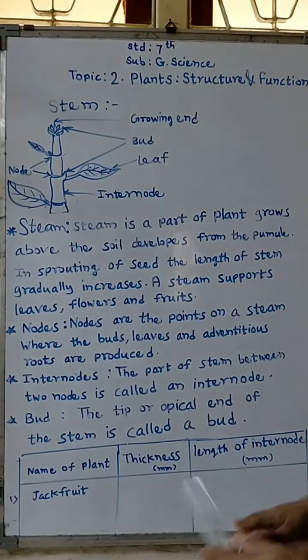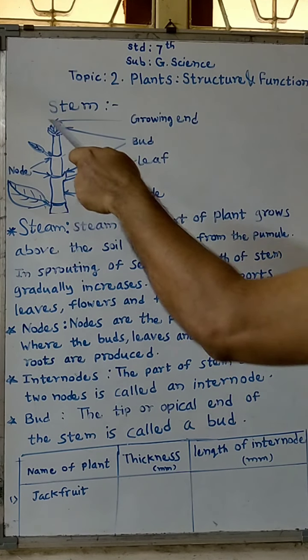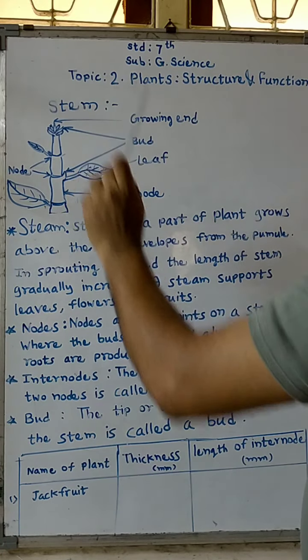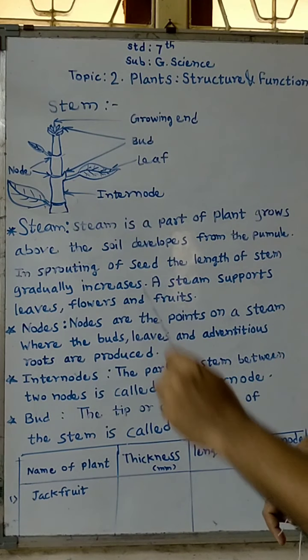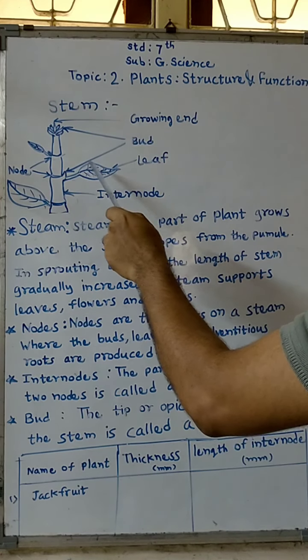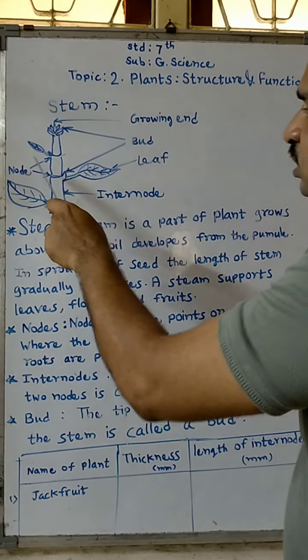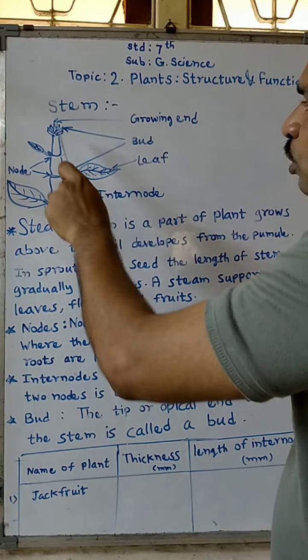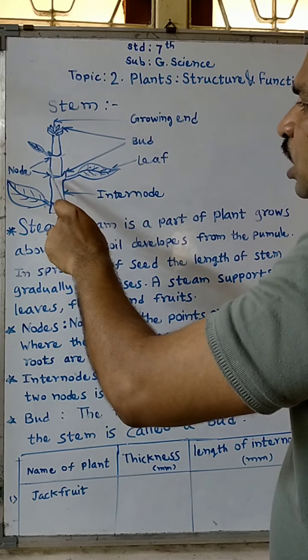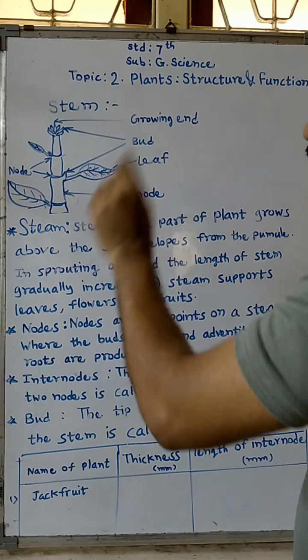In this topic, we see the growing end of the stem, known as the bud, from which leaves come out, and the distance between two nodes, or the part between two nodes, is known as the internode.